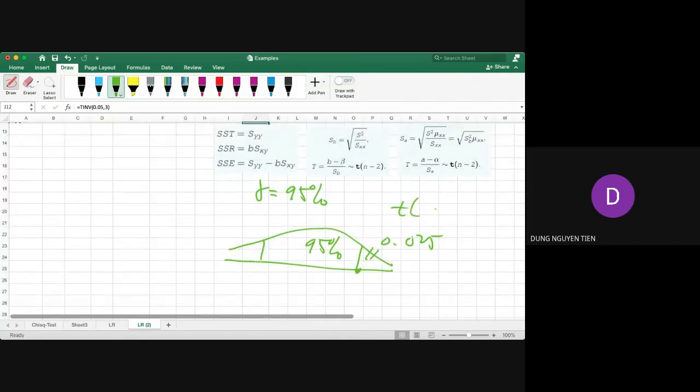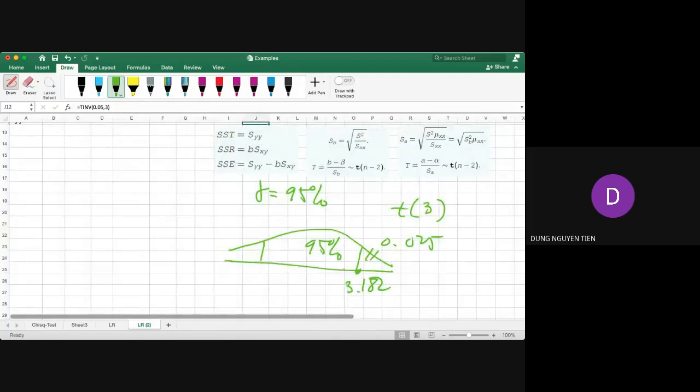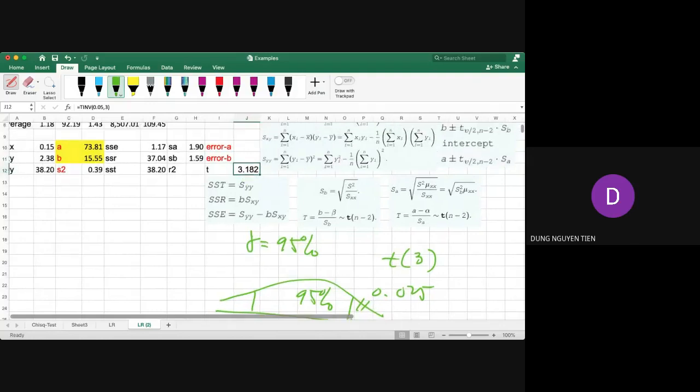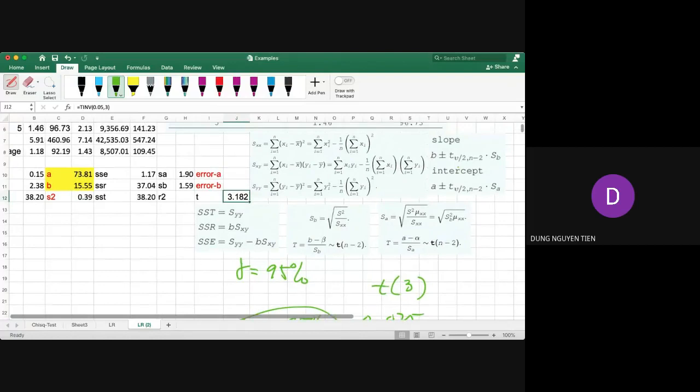And the t distribution we are using has the degree of freedom 3, so you get the number 3.182. Okay, and then this error is simply t times the standard error, right? t times the standard error.